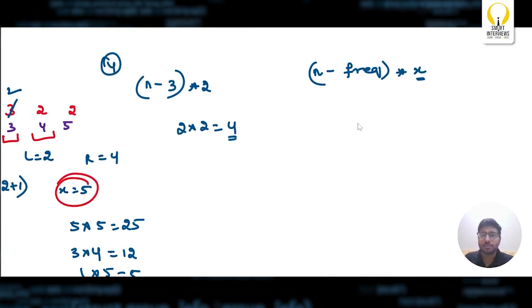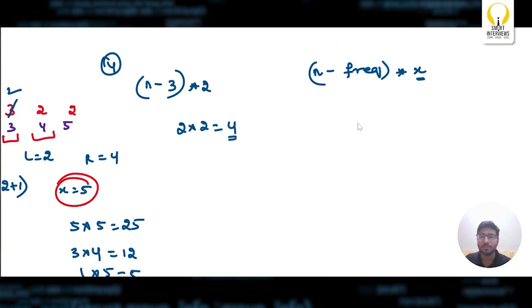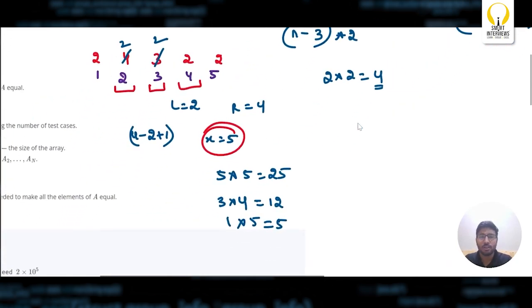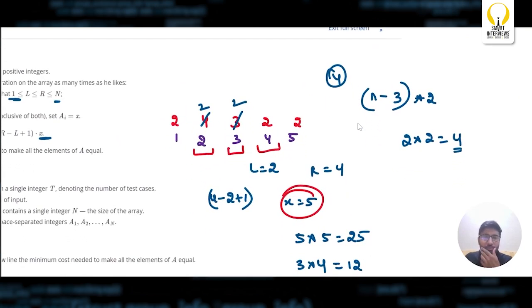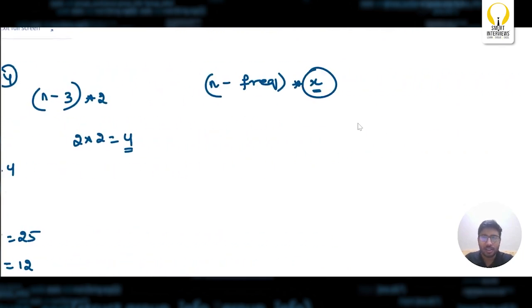So there are 2 things over here. If the frequency is more, the overall value will be less, right? And one more thing, over here, if I want to change the value to all ones, the value of x is less, right?